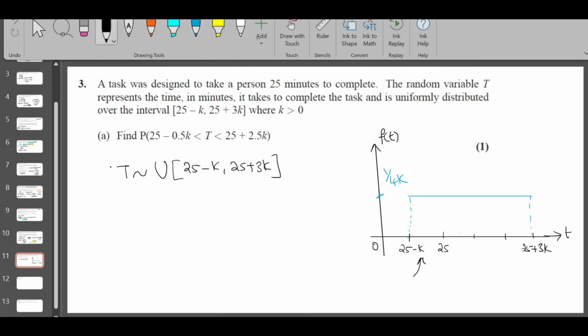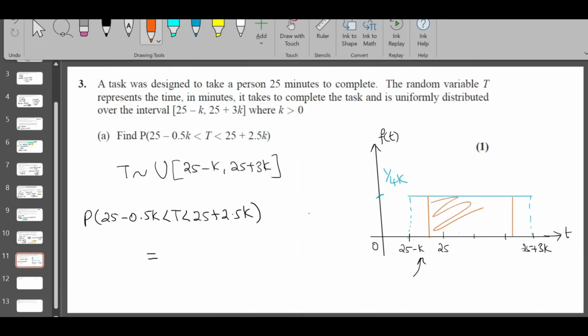So when they ask you to find the probability from 25 minus 0.5k to 25 plus 2.5k, let's say 25 minus 0.5k is here and 25 plus 2.5k is here. They want this area.